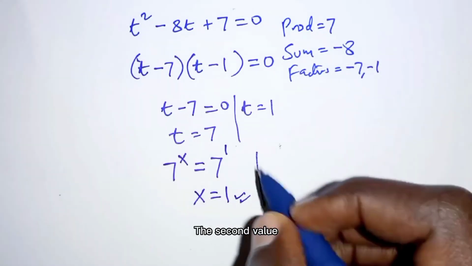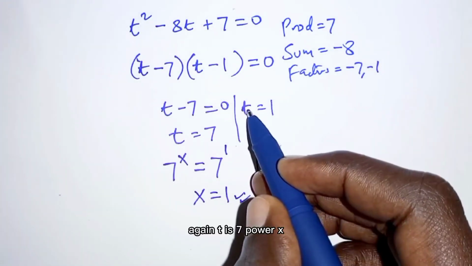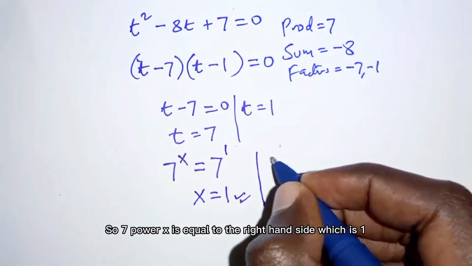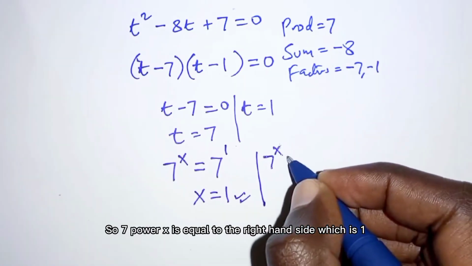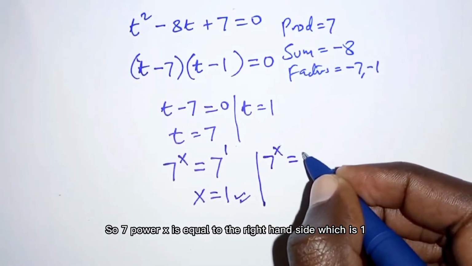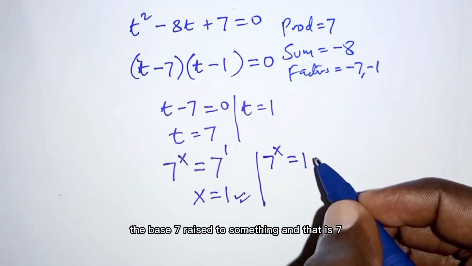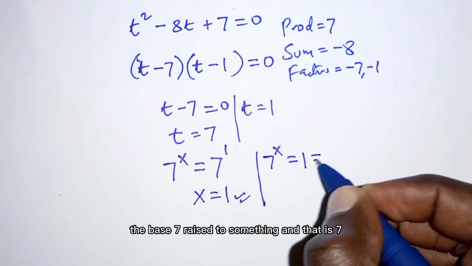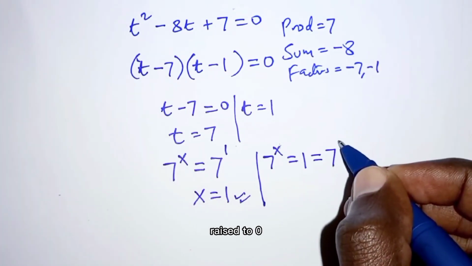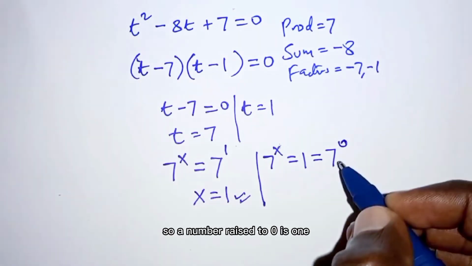The second value: again, t is 7 power x, so 7 power x is equal to the right hand side, which is 1. We can express 1 as the base 7 raised to something, and that is 7 raised to 0, since a number raised to 0 is 1.